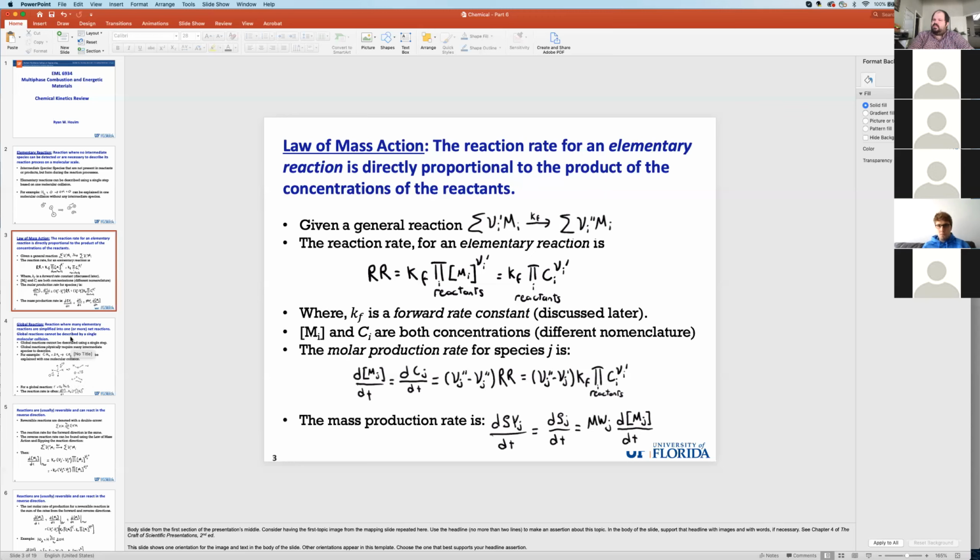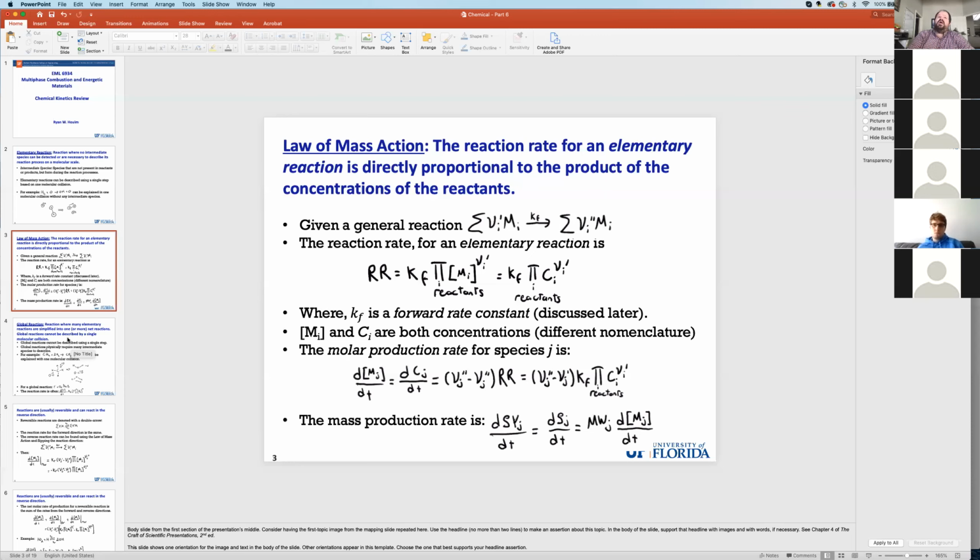So what's the difference between mass fraction and concentration? Mass fraction is just the fraction of mass, and concentration is the number of moles per unit volume. So is mole fraction different then?